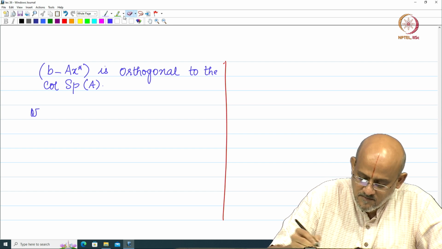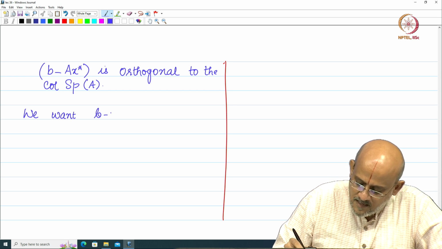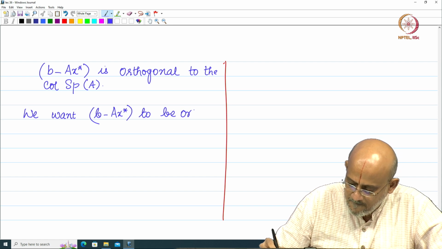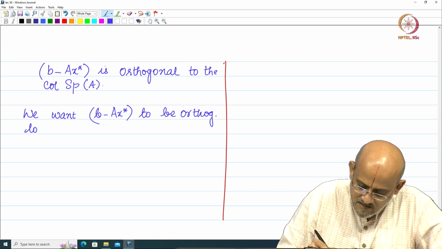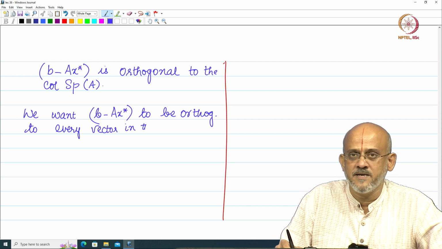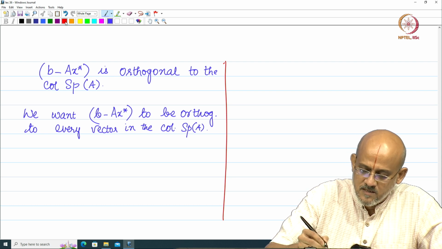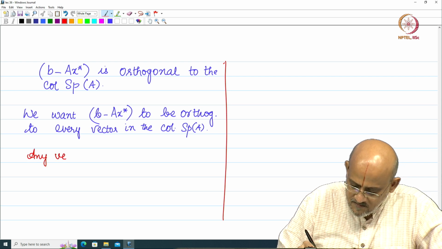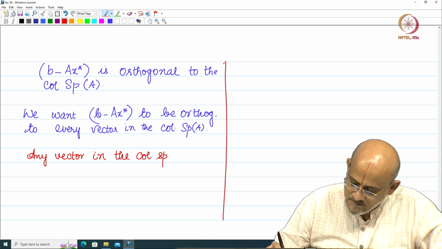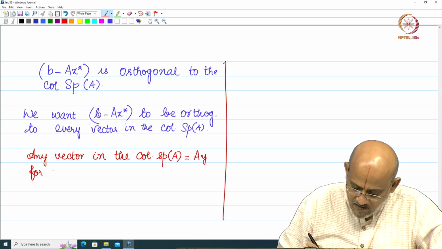So, we want B minus A x star to be orthogonal to every vector in the column space of A. Any vector in the column space of A can be expressed as AY for every y in Rn.